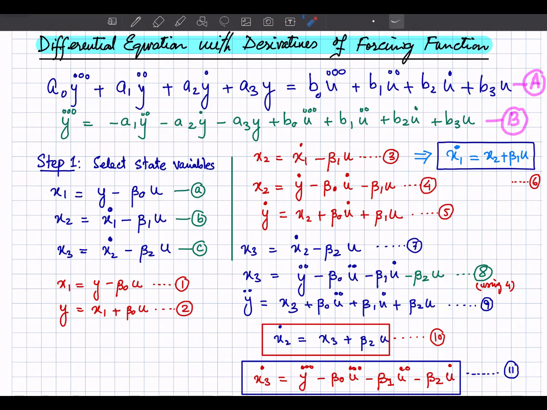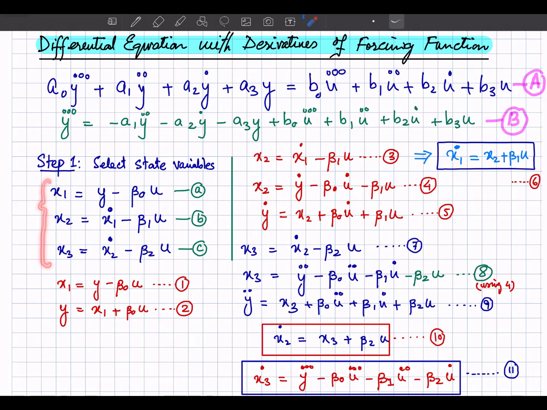Because the order of this equation is 3, first of all, and secondly we will be using three integrators to relate the y triple dot with the y. Okay, so the number of state variables are equal to the number of integrators used in the differential equation. So there are three state variables over here, x1, x2 and x3.